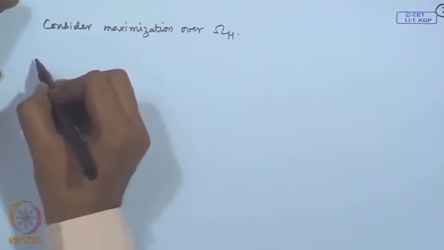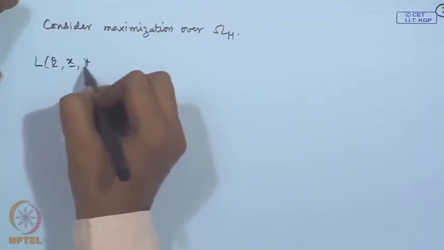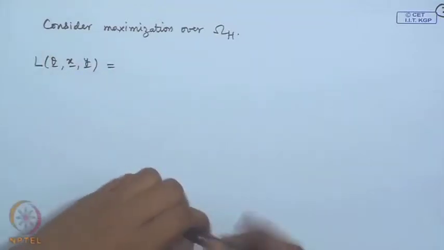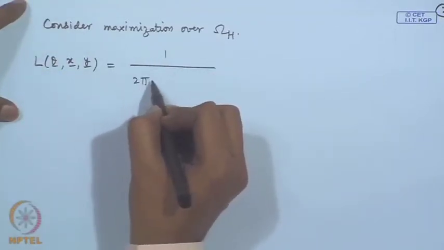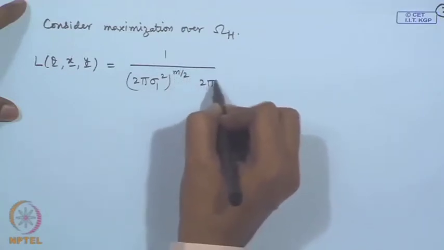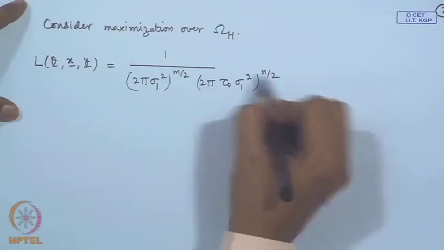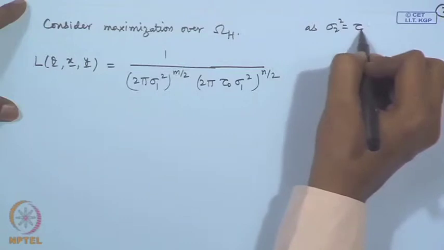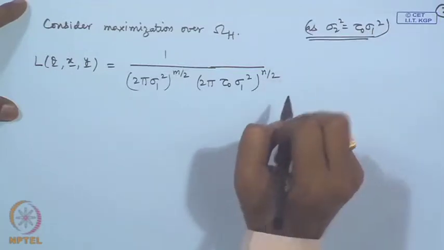Over omega h, L is equal to 1 by 2 pi sigma 1 square to the power m by 2, 2 pi tau naught sigma 1 square to the power n by 2, because we are having sigma 2 square equal to tau naught sigma 1 square when we are considering omega h.